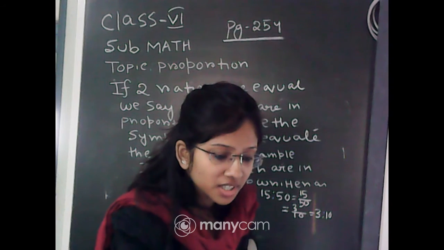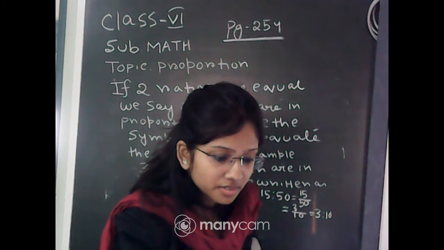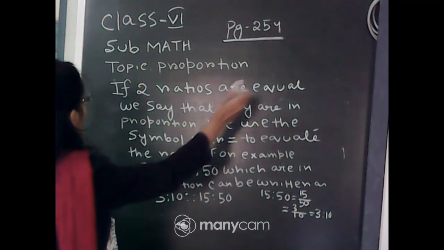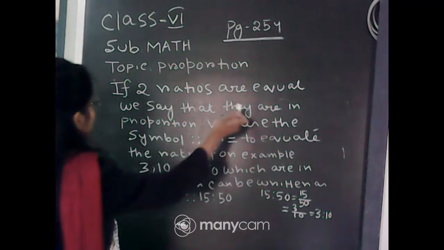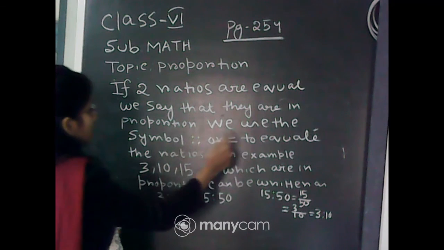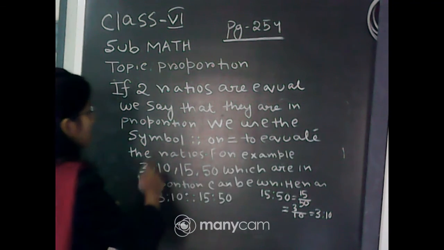Up to this portion, any problem? Again I repeat, if two ratios are equal, we say that they are in proportion and we use this symbol :: or equal to equate the ratios.